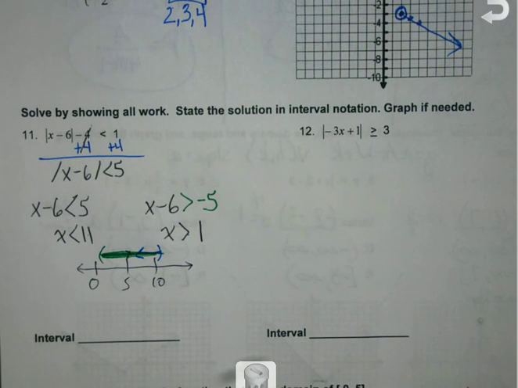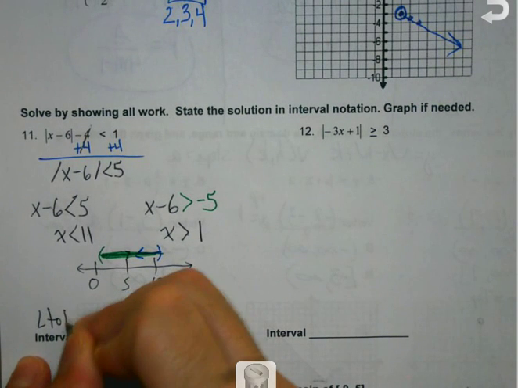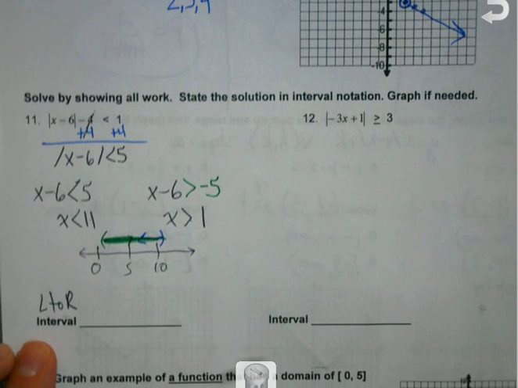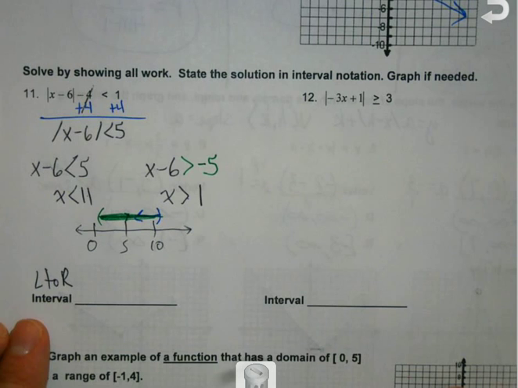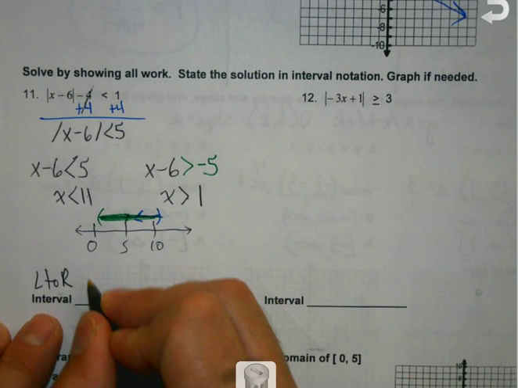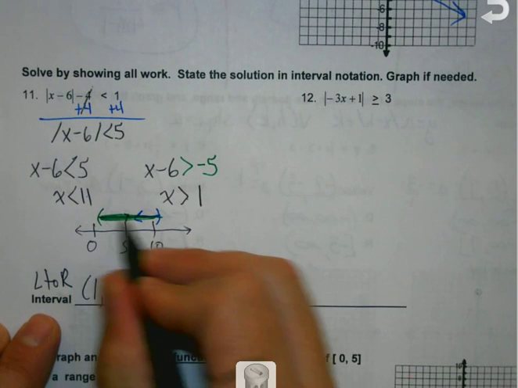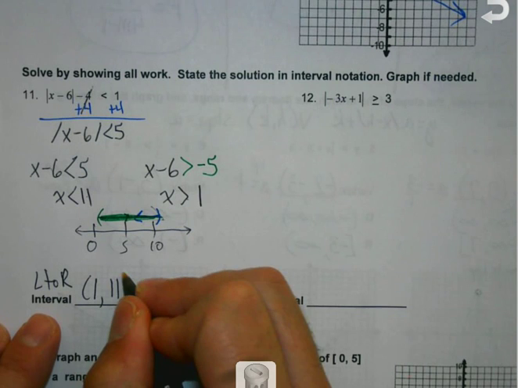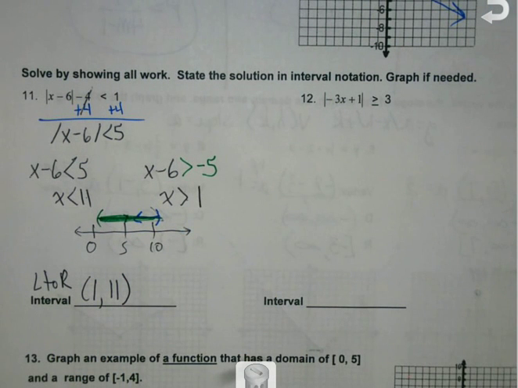By seeing a picture, by making it visual, now when I do my interval notation, which is left to right, just like my domain is, I start at 1, go till I stop at 11. I'm done. Not a bad deal. So you see where the benefit can be from making that quick little sketch.